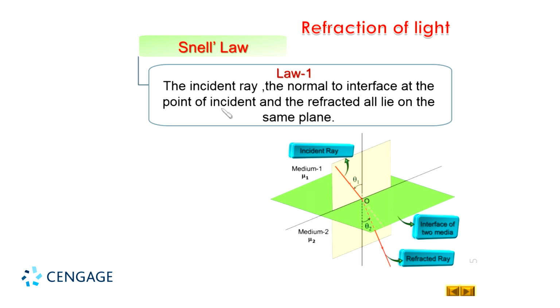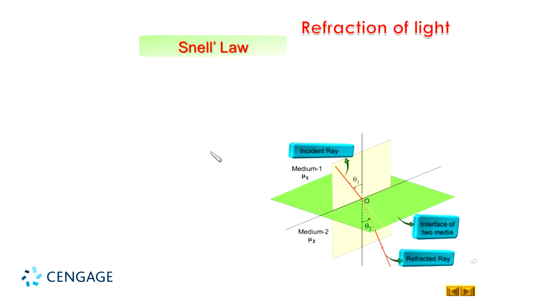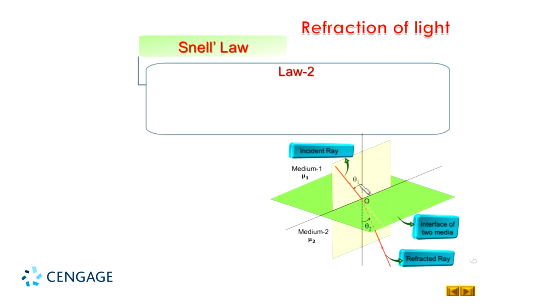Okay, this is law 1, and according to law 2, for any two media, the ratio of the sine of the angle of incidence to the sine of the angle of refraction is constant. The ratio of sine theta 1, where the angle of incidence is theta 1, and sine of the angle of refraction, that is sine theta 2, is constant for these two media.